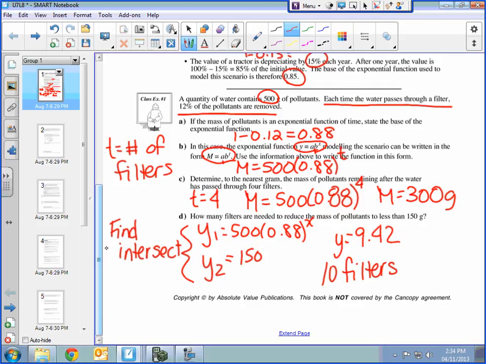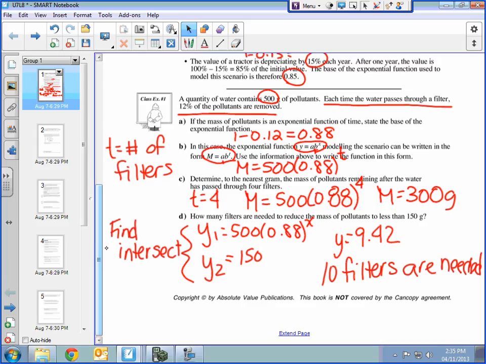Because if you round this to 9, it's not gonna be 150. It's gonna be less, right? So 10 filters are needed. If it's saying round to the nearest tenth, absolutely that's what you do, or nearest whole number. But if it's objects like this, you just have to know you have to round up every time, okay?